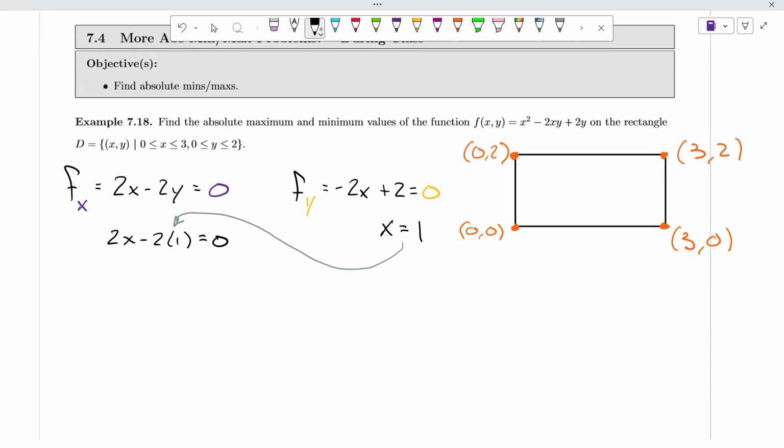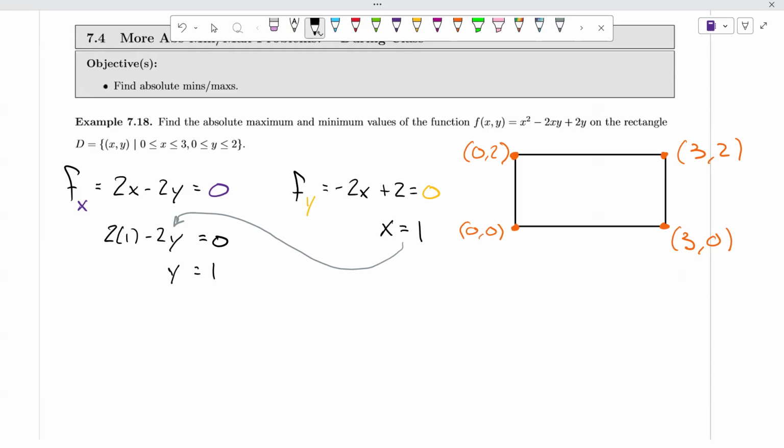I'm sure someone out there has caught it already. Let me try that again. This is 2 times 1 minus 2y equals 0. There we go. Right, I got x equals 1, but it was from the y partial, so do make sure you set the right variable equal to the number that you just said it was.